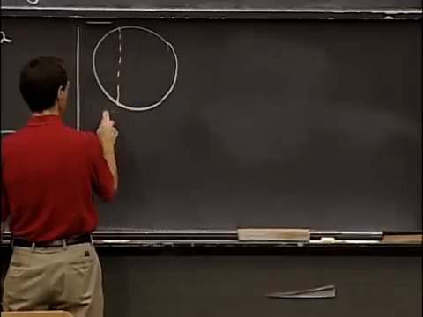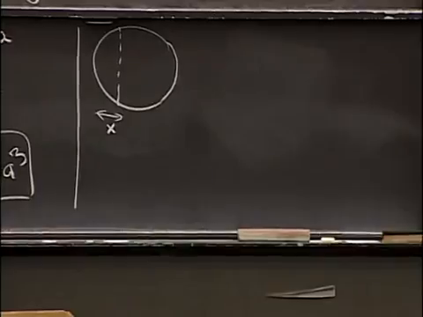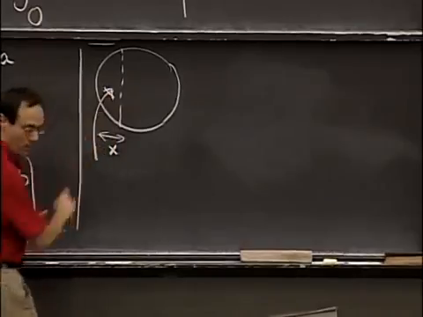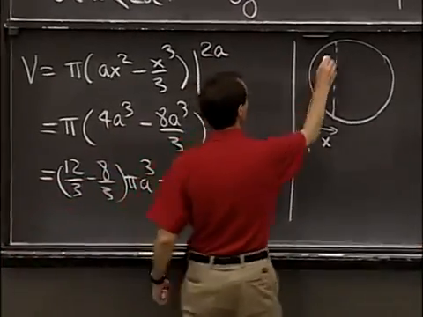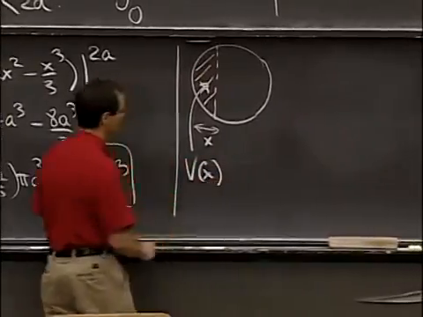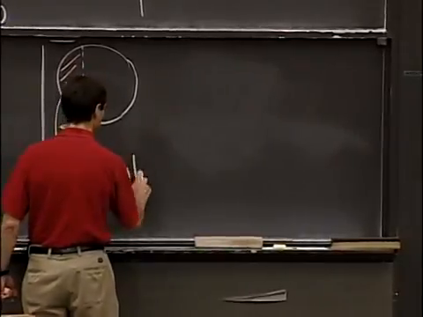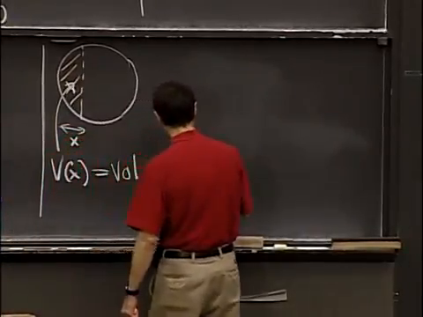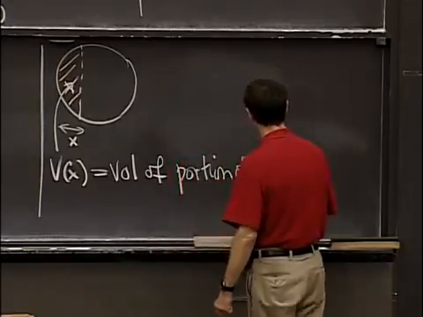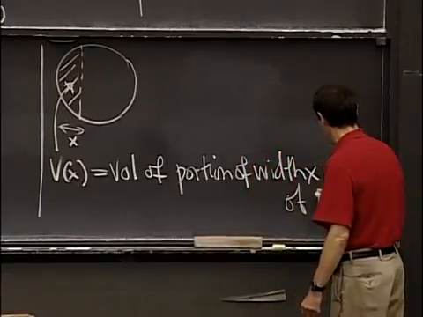If I chop this thing, and this portion is x here, then the antiderivative here, this region here, which I'll fill in, which I'm going to call v of x, is the volume of the portion of width x of the ball.